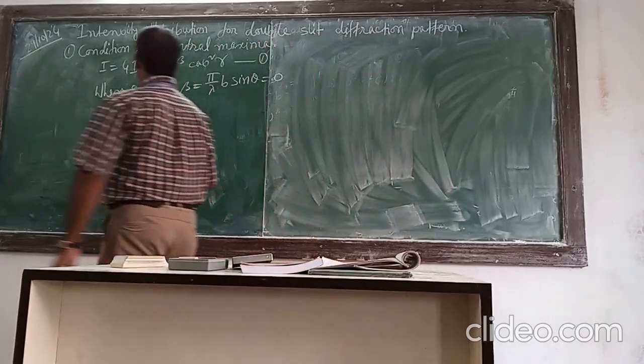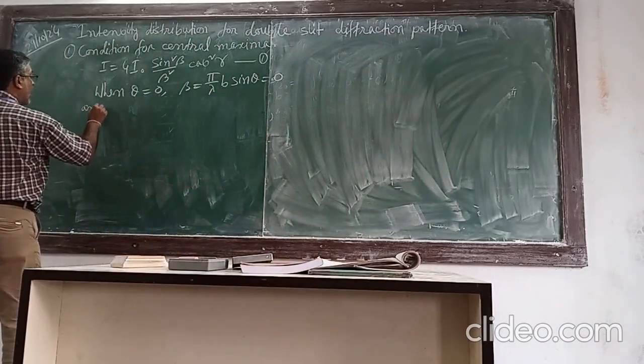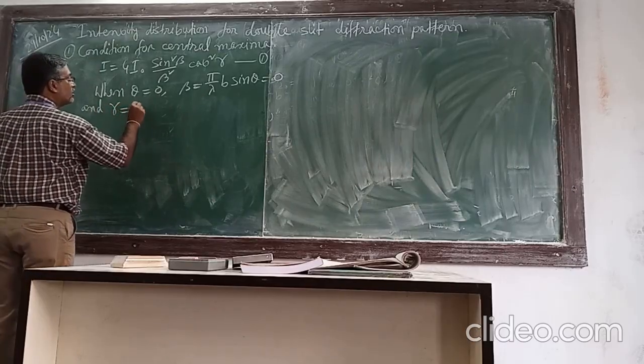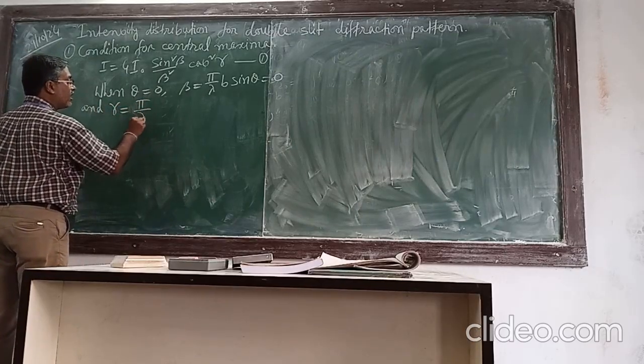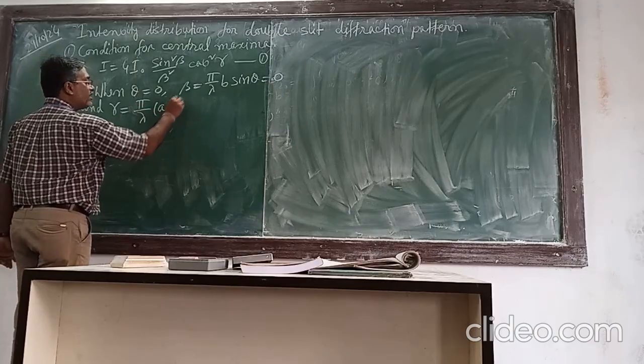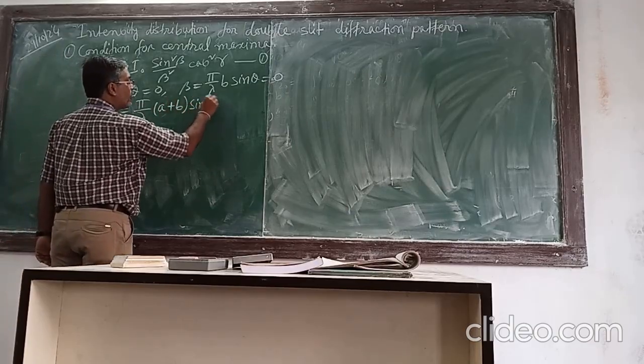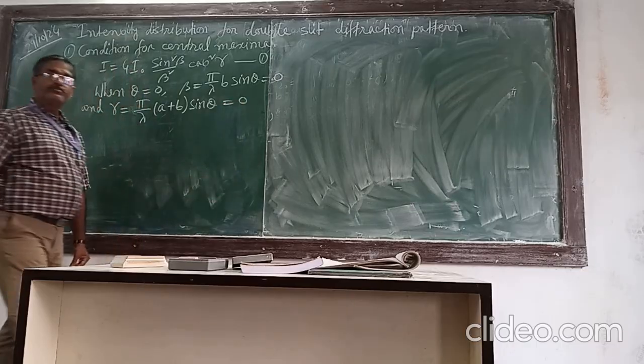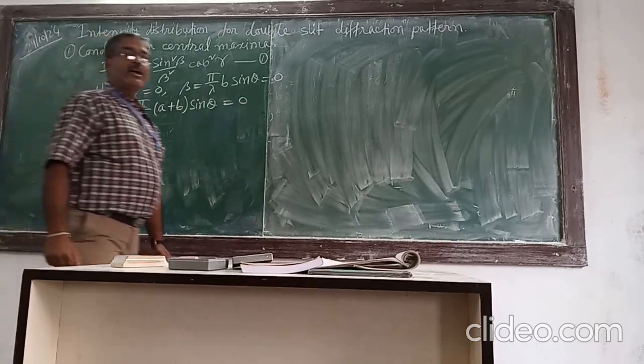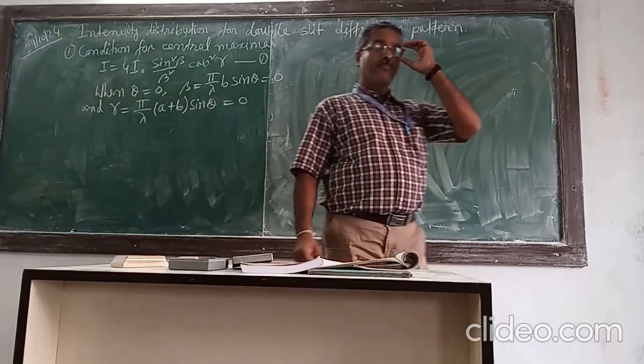And gamma equals pi by lambda (a plus b) sin theta, which is again equal to 0. So gamma equals 0.